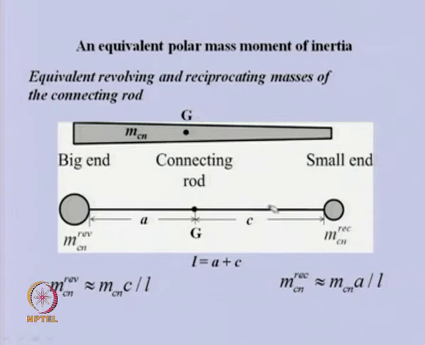If we want a more accurate calculation, we can also make the moment of inertia of these 2 systems the same, and then we get a more accurate result. But these are quite good approximations, and we can use such approximations.